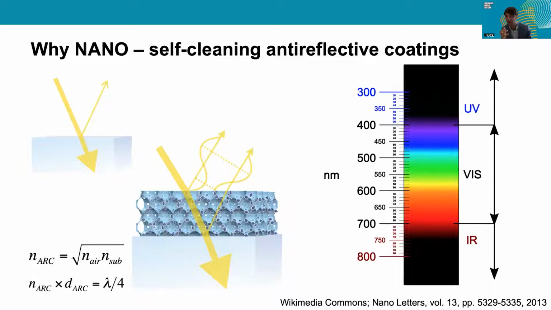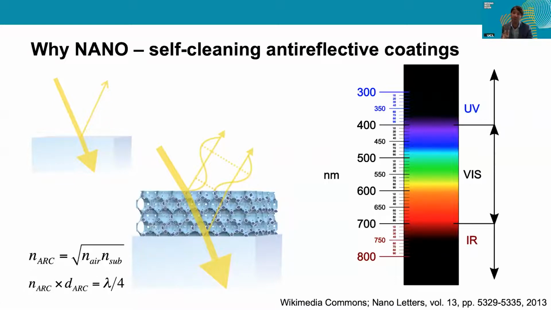Now, why nano? Well, basically visible light is based on wavelengths that are on the nanometer scale. Okay, so here you can see, across the visible spectrum, blue light is a smaller wavelength, around 400 nanometer, red light, larger wavelengths, around 650 or so nanometers.